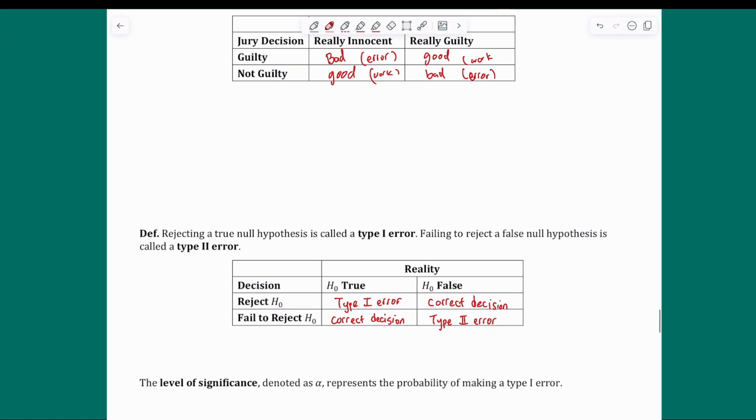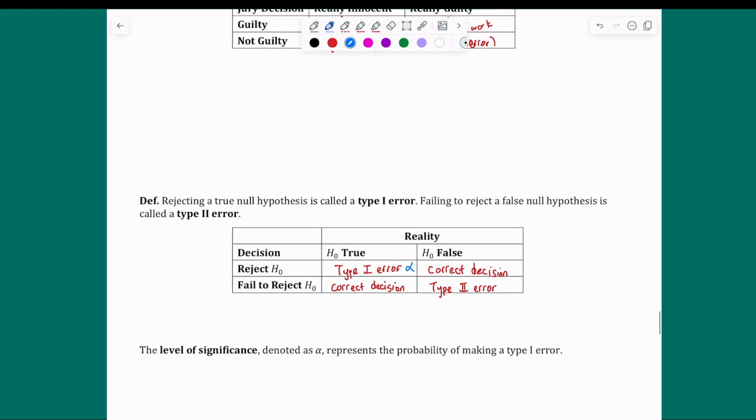The significance level, we usually denote it as alpha. It represents the probability of making a type 1 error. So making a type 1 error, that's alpha. The probability of making a type 2 error is usually denoted as beta.